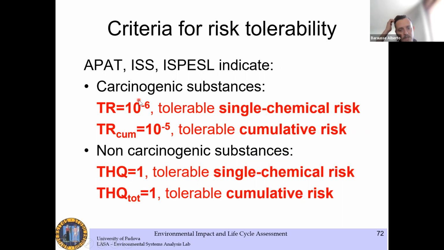In the case of carcinogenic substances, this is more tricky because even a tiny amount of a carcinogenic substance will generate an incremental probability of cancer. So usually in the literature, you find that values such as 1 in 1 million are tolerable for carcinogenic risk due to a single chemical, or when you have many different carcinogenic chemicals, 1 in 100,000 is a tolerable threshold.